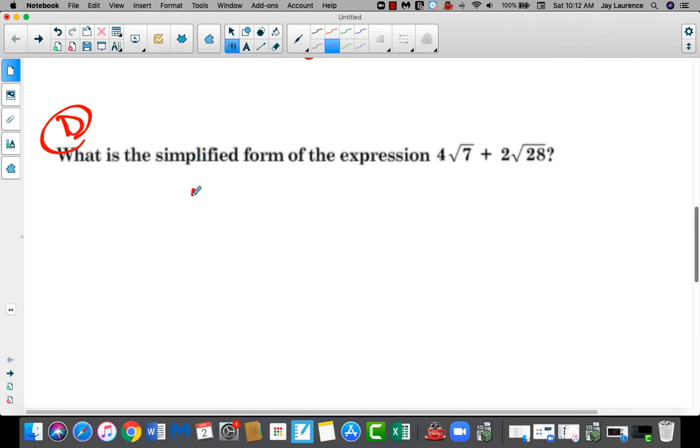Here comes my solution. 4 rad 7 plus 2 rad 28. I've got to think of 28 as 4 times 7. Why 4 times 7? Because 4 is the largest perfect square factor. So now I have 2 times rad 4 times rad 7, but rad 4 is really 2. I don't get a 22 out front, I get a 4, right?